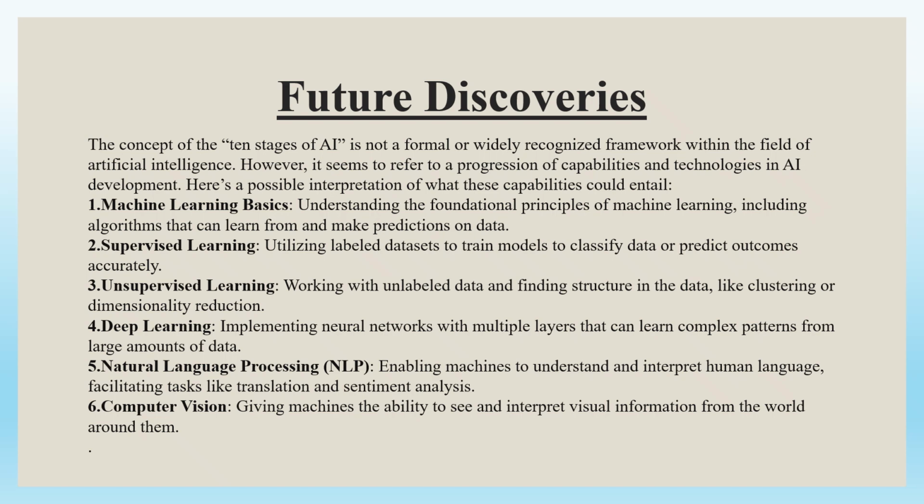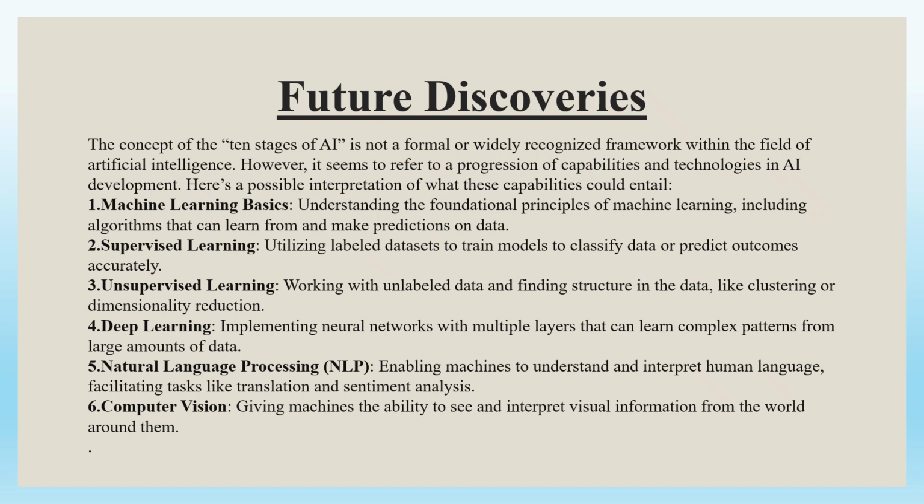This is understanding the foundational principles of machine learning, including algorithms that can learn from and make predictions on data. We spoke about the machine learning life cycle, how it's performed, and how data scientists prepare the model to solve a specific business situation.